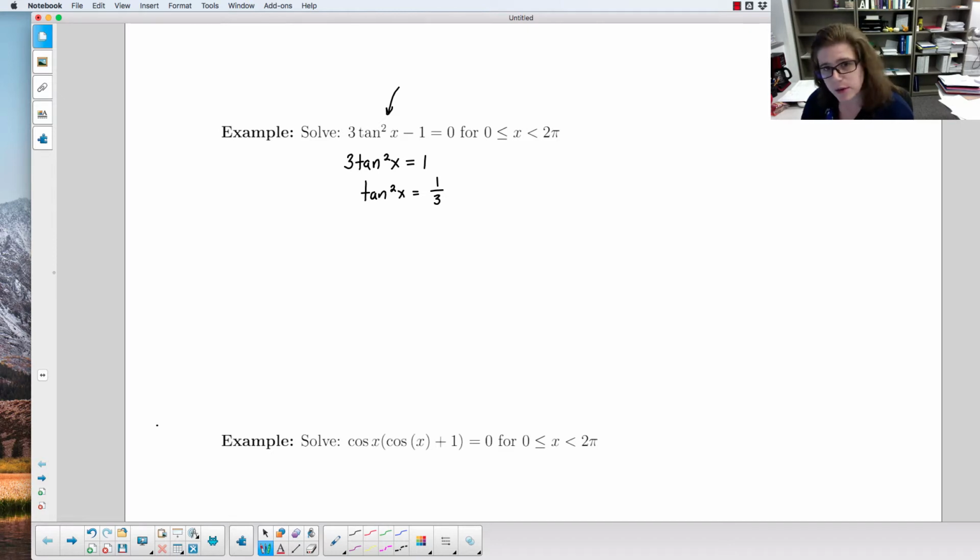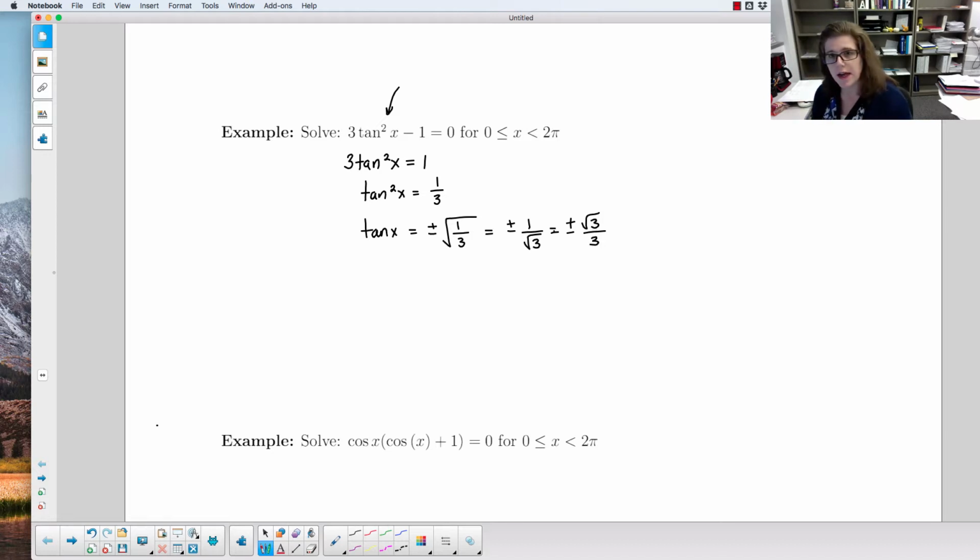When you take the square root of both sides of something involving a variable, remember that you get plus and minus. So that means that tangent of x is equal to positive and negative square root of 1/3, or plus and minus 1 over the square root of 3, which is also plus and minus square root of 3 over 3.